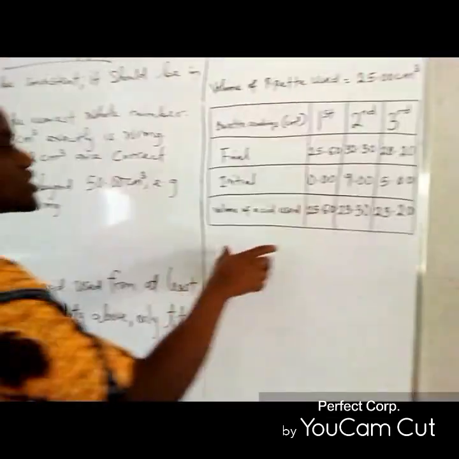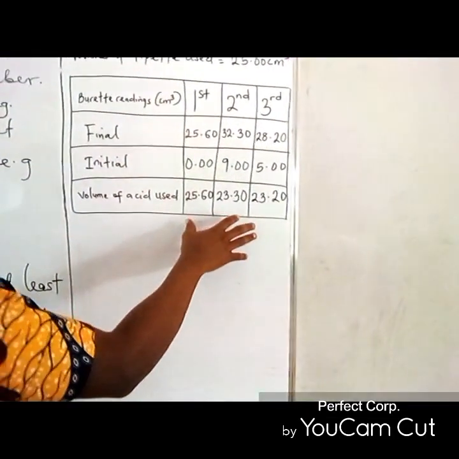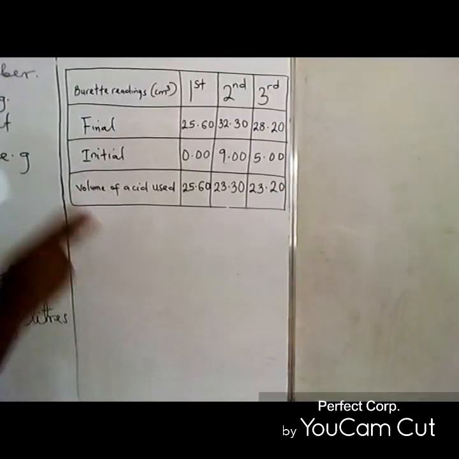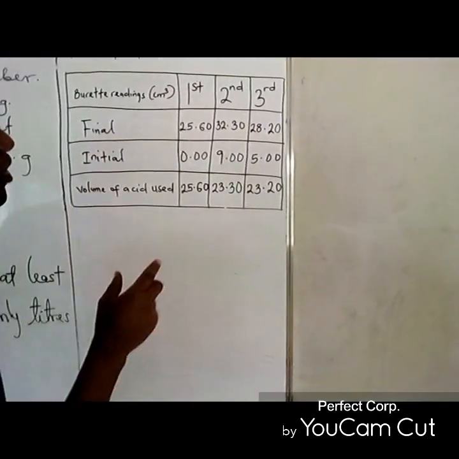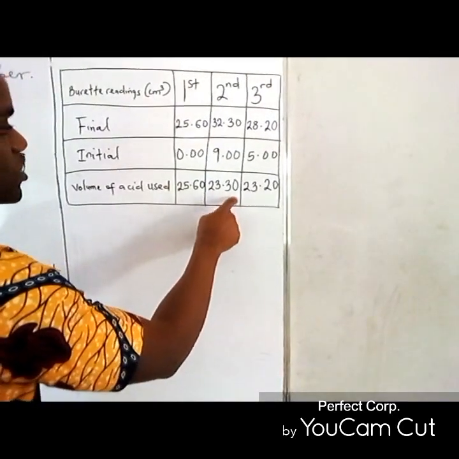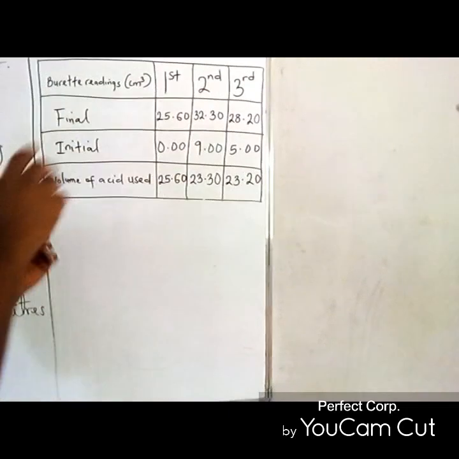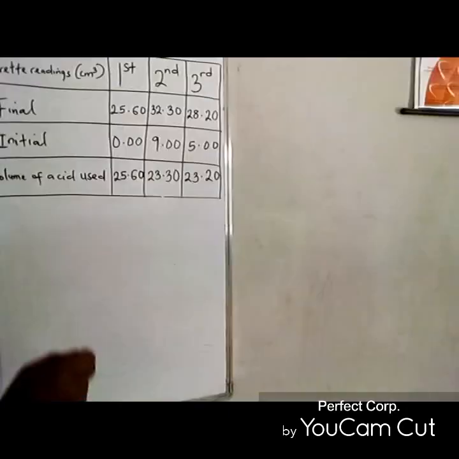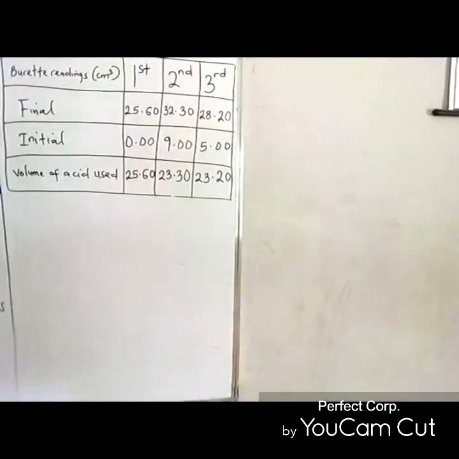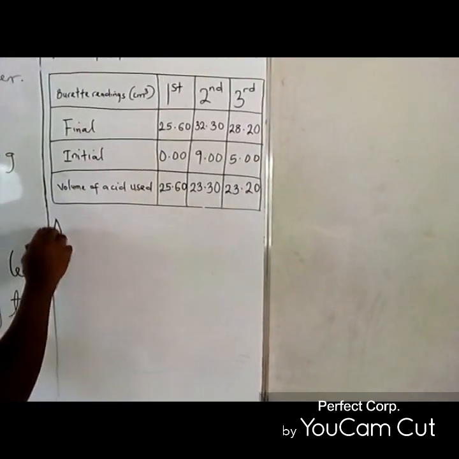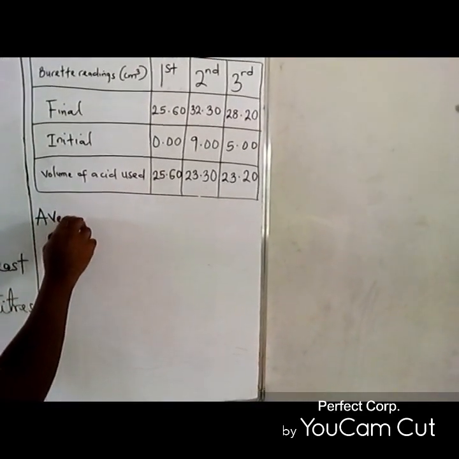From these 3 titer values, the 2 consistent titers that we have are 23.30 and 23.20. We cannot use this and this, if you notice from that explanation. So I want to calculate the average volume of acid used.